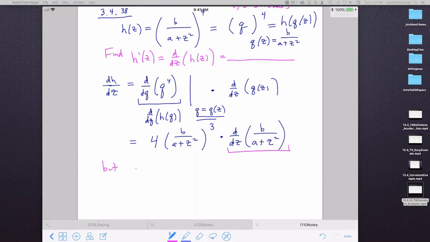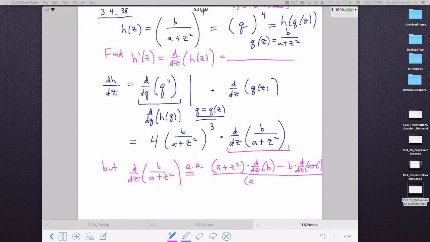But the derivative with respect to z of b over a plus z squared is going to require a quotient rule. Okay. So the quotient rule says that you have the lower function times the derivative of the upper function minus the upper function times the derivative of the lower function over the lower function squared.